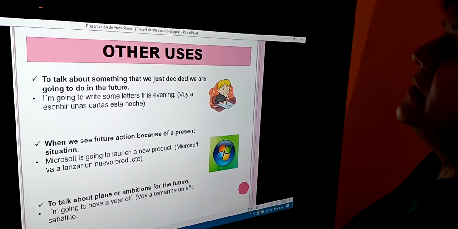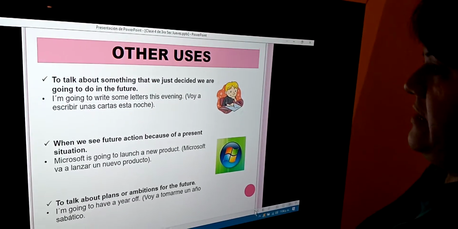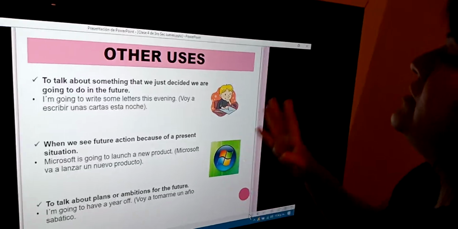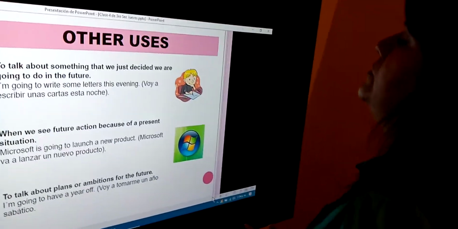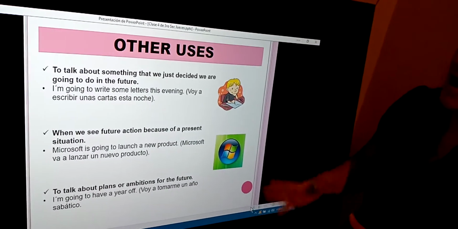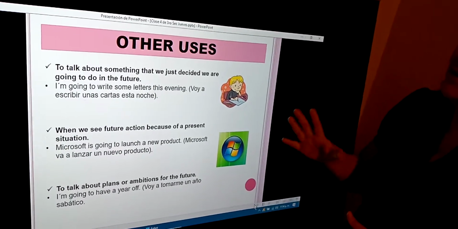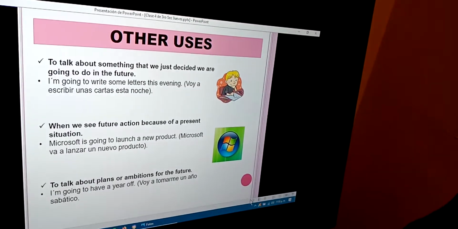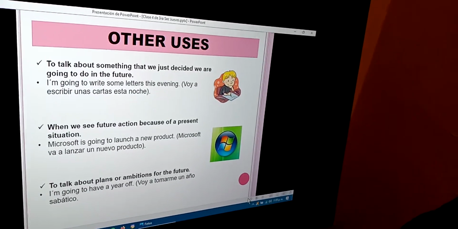I'm going to write some letters this evening. Look at the example in the picture. I'm going to write some letters this evening. In Spanish we say, voy a escribir unas cartas esta noche.